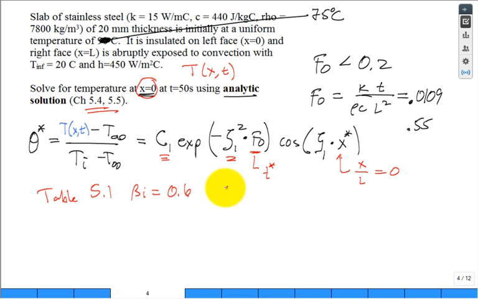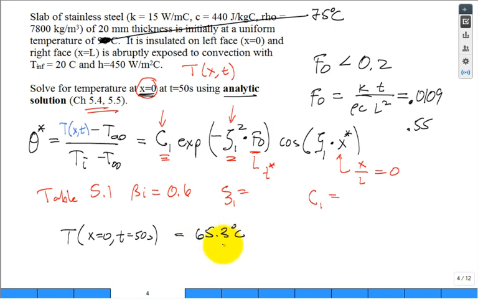You read across, you find a zeta, and you find a C. I forget their values, but in the interest of time, you plug in that zeta and that C from the table, and you're able to get a prediction for the temperature at x equal to 0 at time equal to 50 seconds for this problem, and it comes in at 65.3 degrees C.